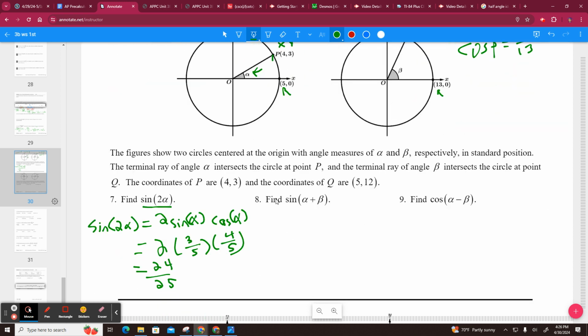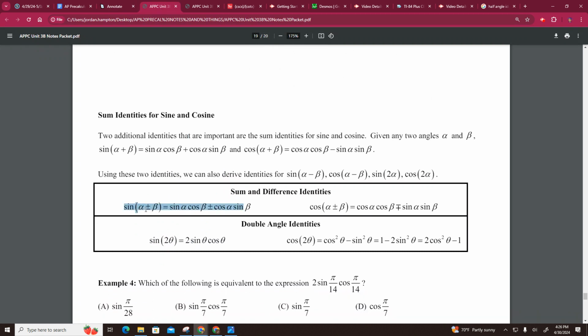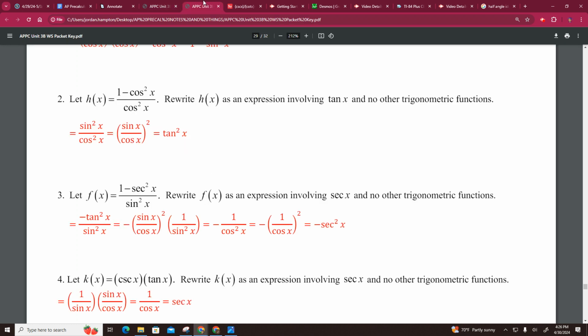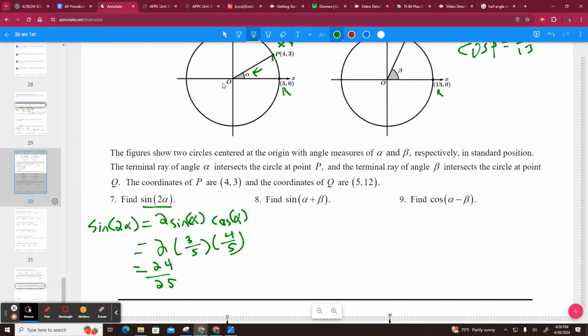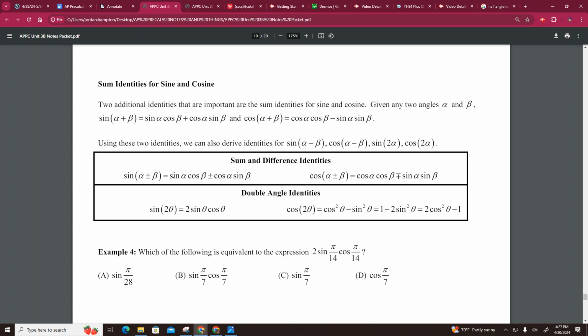So sine of alpha plus beta, I use the sum formula here. So sine of alpha plus beta, you use the top with the top. So that's going to be equal to sine of alpha cosine of beta plus cosine alpha sine beta.